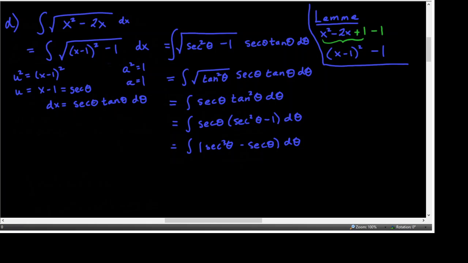All right, and so splitting that into two integrals, we're going to have the integral of secant cubed theta d theta. Let me go back and make sure this looks like a parenthesis on the left side there. Minus the integral of secant of theta d theta.